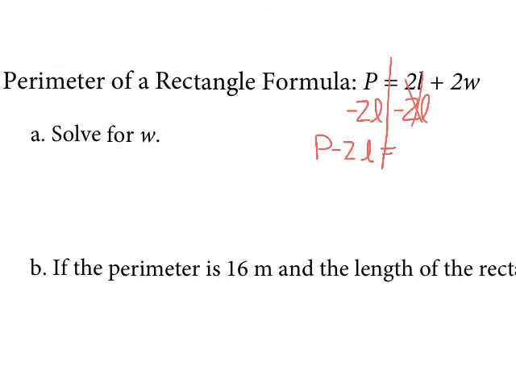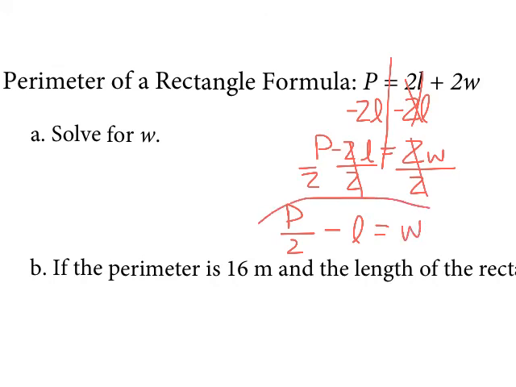Those are gone, equals 2W. And then my last step to get W by itself is divide by 2 on every piece. P over 2 is not going to reduce, so I'm going to leave that alone. P over 2 minus, the 2's are going to cancel, I'm just going to be left with minus L. And then the 2's are going to cancel on the right, and I'm going to be left with W. So W equals P over 2 minus L.